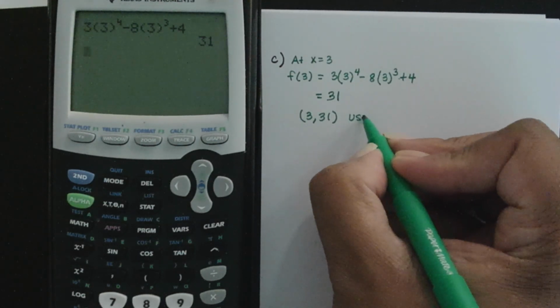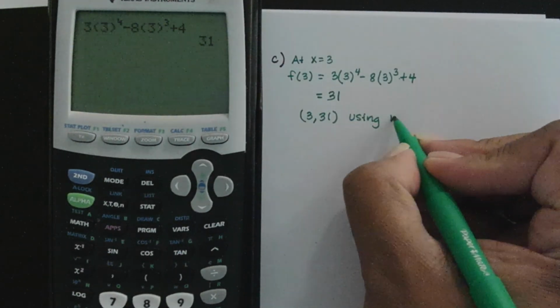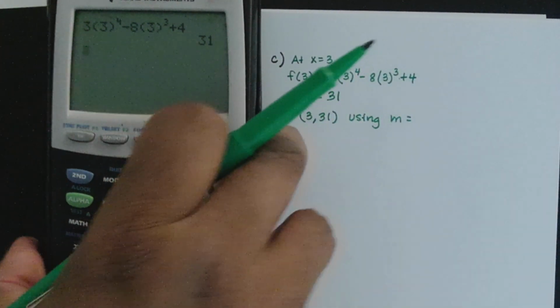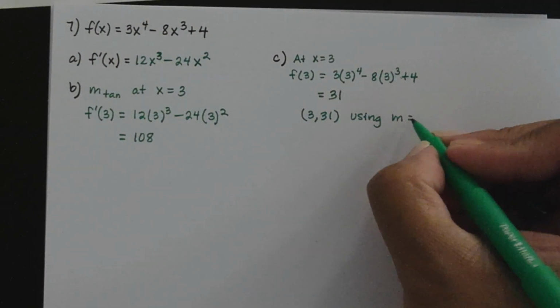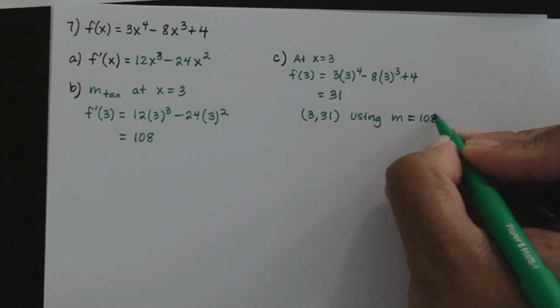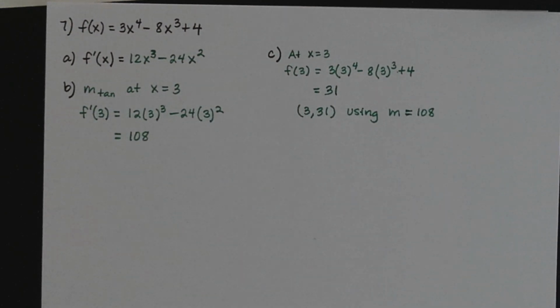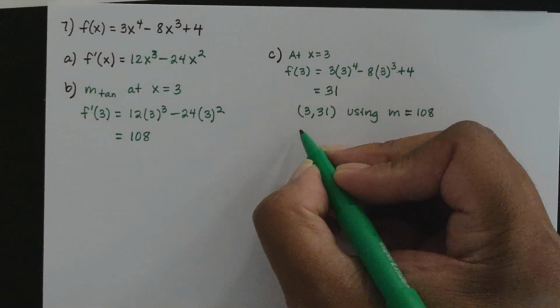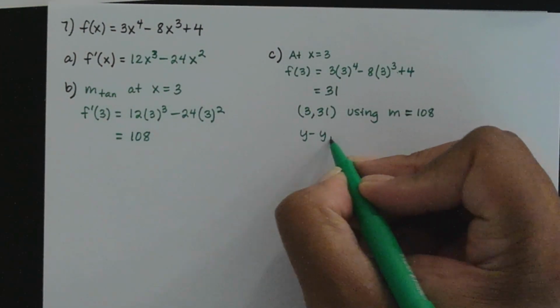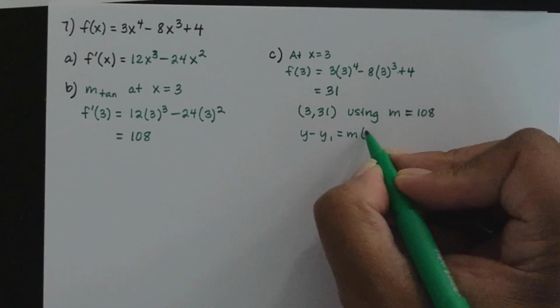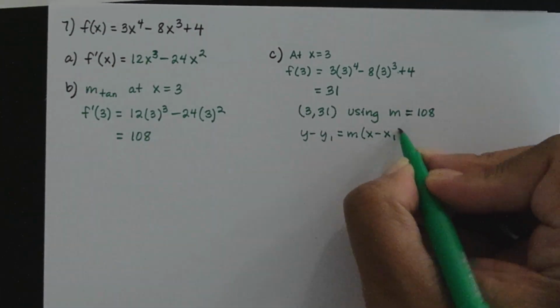And I'm going to be using, with that, the slope of the tangent line, which I found to be 108. And I'm going to use that in my point slope form. The point slope form, of course, is y minus y1 is equal to the slope times the quantity x minus x1.